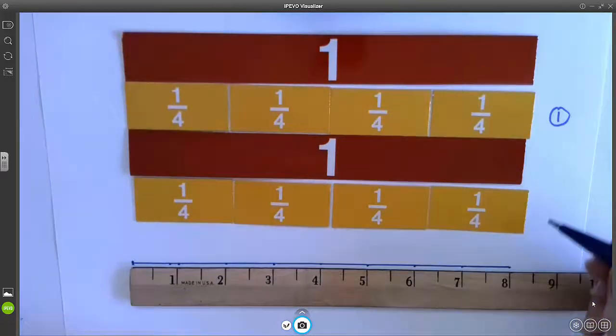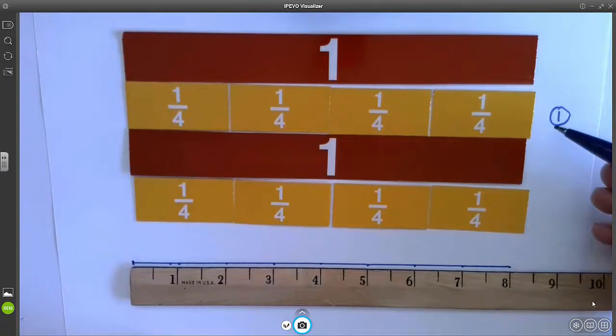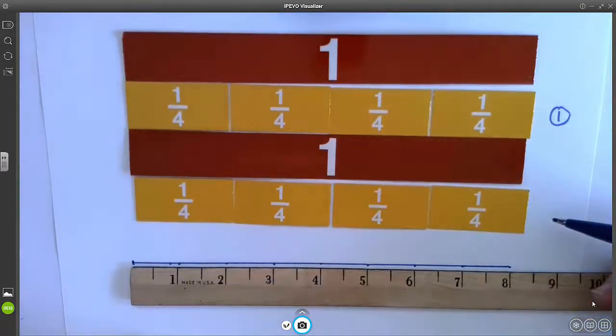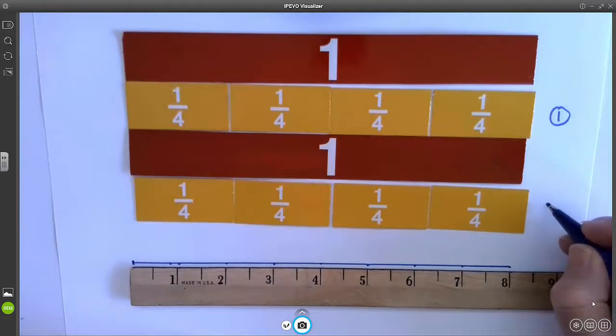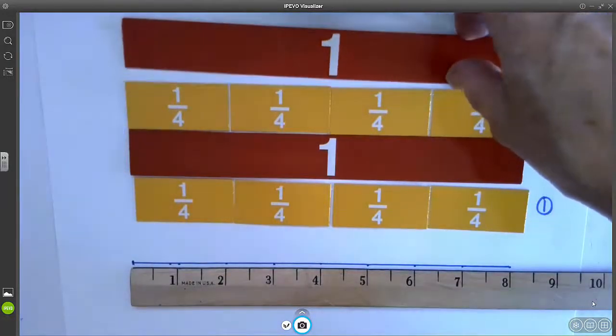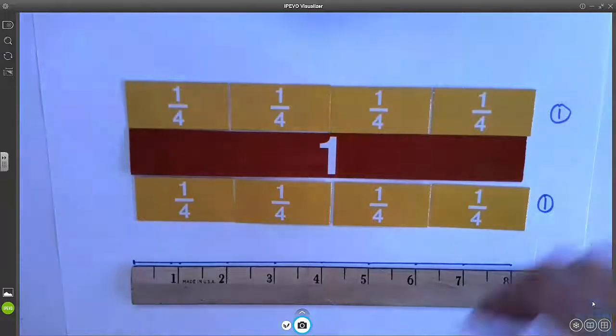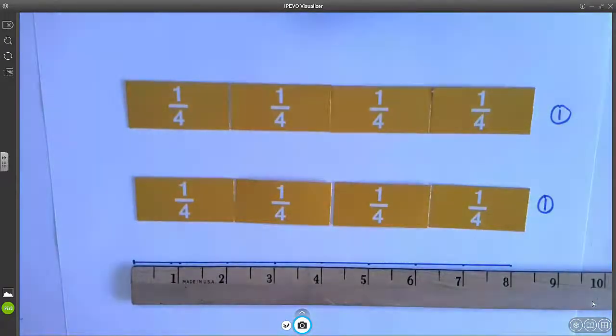So we can either write this as having two wholes made of fractions or one whole and another whole. Let's just write right now that we've added on and we have another whole, which would be then two wholes. We'll remove our markers because we can see that we have two whole numbers made by fractions.